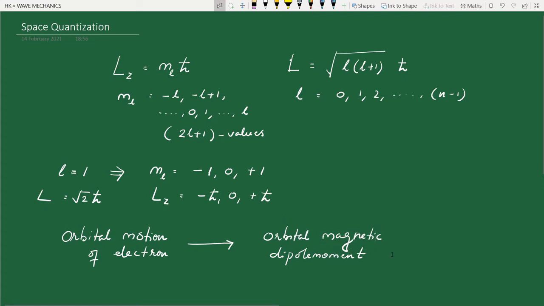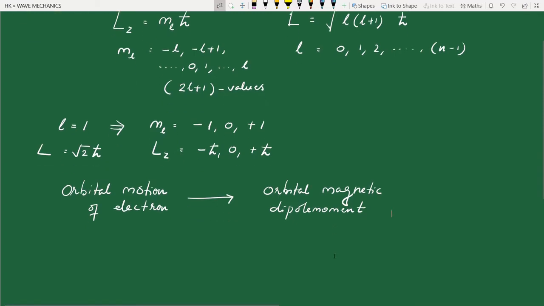Now when you apply a magnetic field, this magnetic dipole moment interacts with the magnetic field. Because of this interaction, the dipole moment will be oriented in certain specific ways about the field direction.